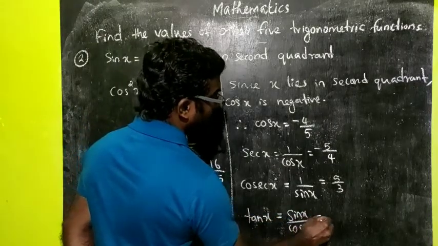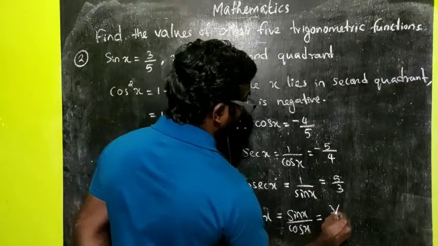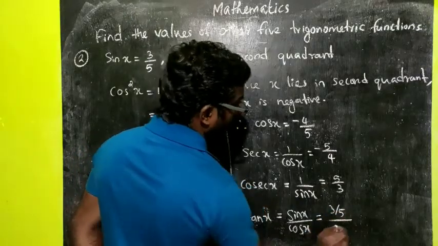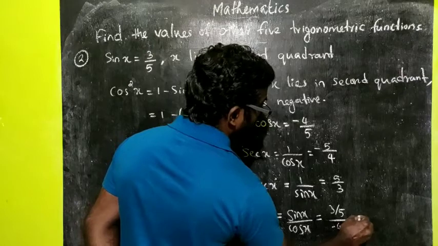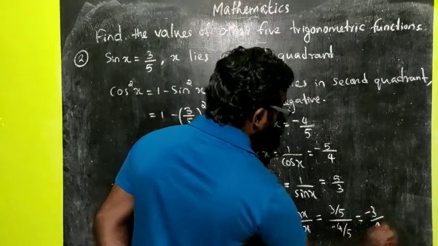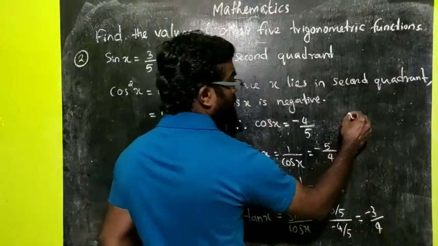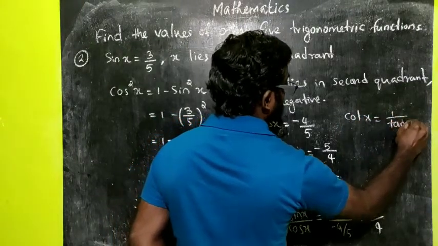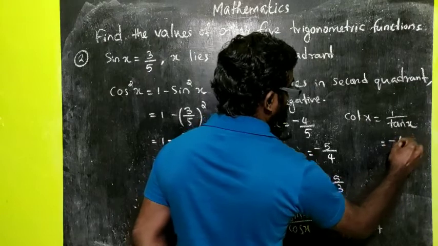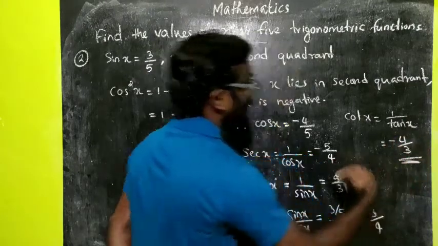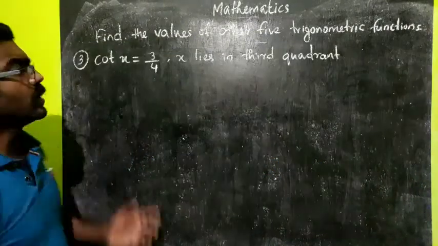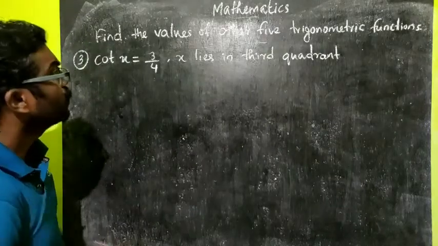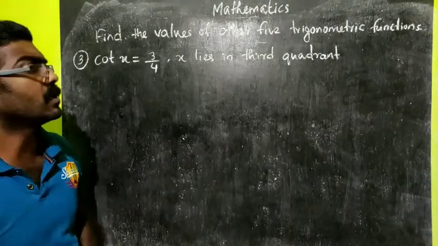So 3 by 5 divided by minus 4 by 5, which is equal to minus 3 by 4, and cot x 1 by tan x, which is equal to minus 4 by 3. Clear? Here the third one is cot x equal to 3 by 4 x lies in third quadrant.